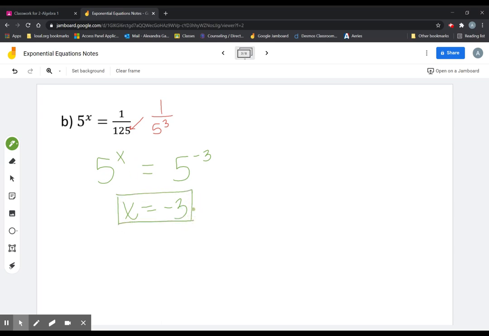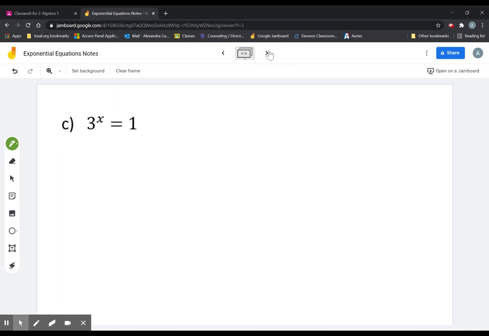Moving on to another example, you'll see 3 to the x is equal to 1. That looks a little off. We have 3. That 3 to the x isn't going to change. But how could I write 1 as 3 to a power? We have to remember our rule that anything to the 0 power is equal to 1.